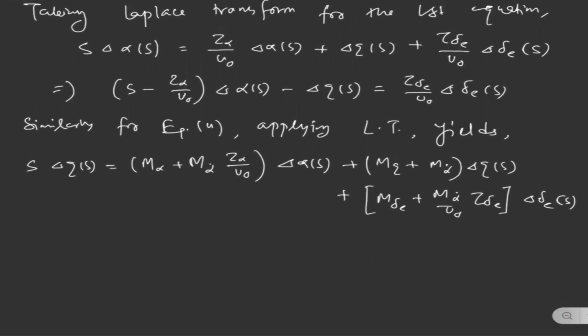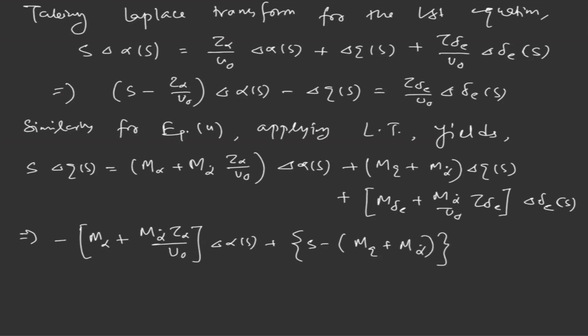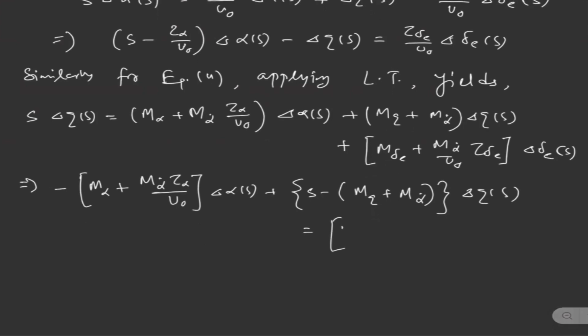And if you further simplify, you can write minus m alpha plus m alpha dot g alpha divided by u naught, capital delta alpha S, plus S minus mq plus m alpha dot, delta qs equal to m delta E plus m alpha dot divided by u naught g delta E into capital delta ES.